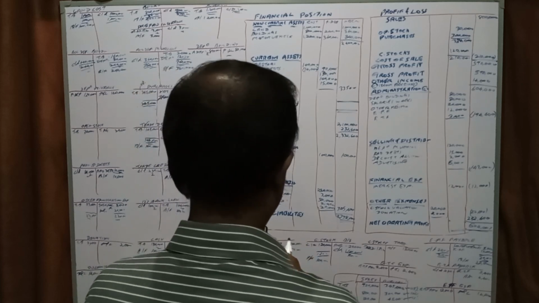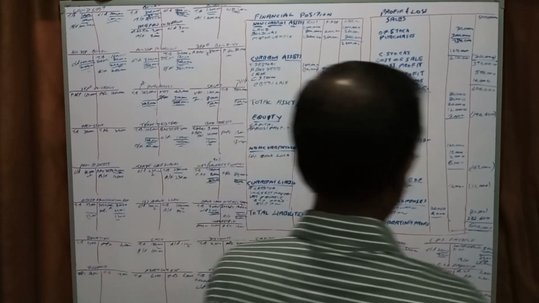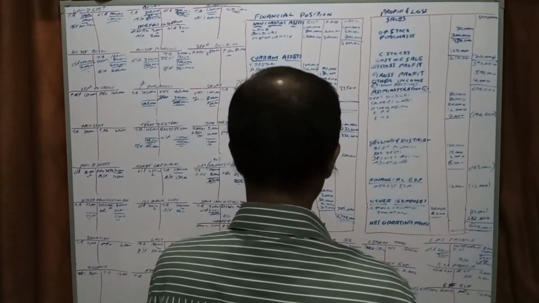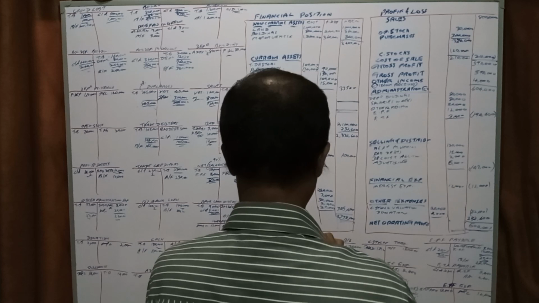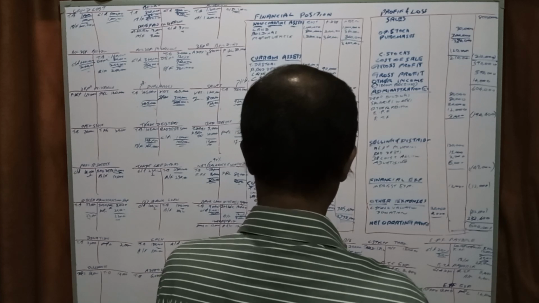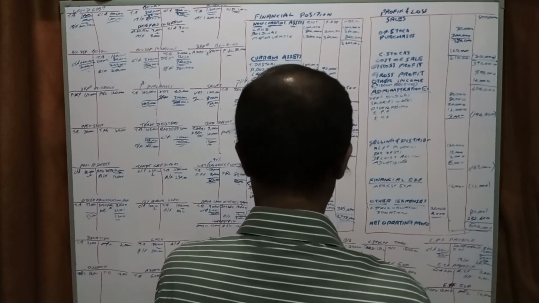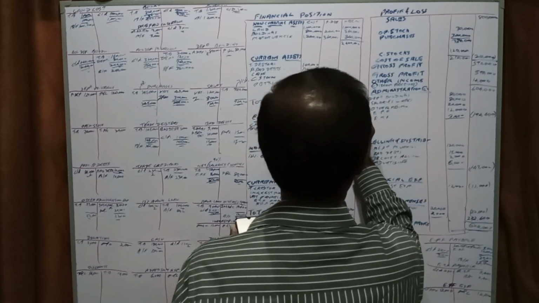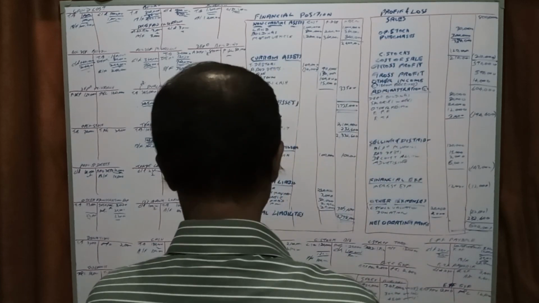So 335,000 plus 2,400,000, 2,735,000 comes. We will see what is the difference.